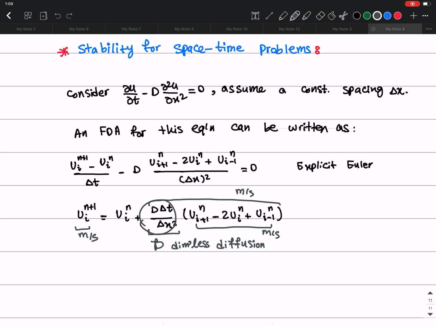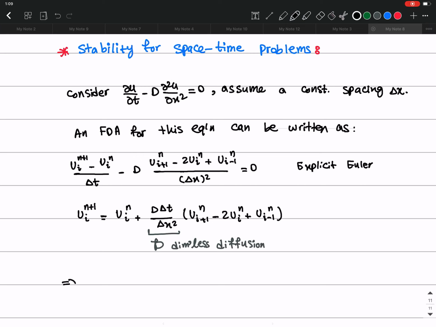It shouldn't have any dimension. That is why we call this dimensionless diffusion. You can also notice that d, the diffusion parameter, has dimension L square over time, so when you multiply it by delta t over delta x squared, it will be dimensionless. This was just a side note to illustrate why this is dimensionless.